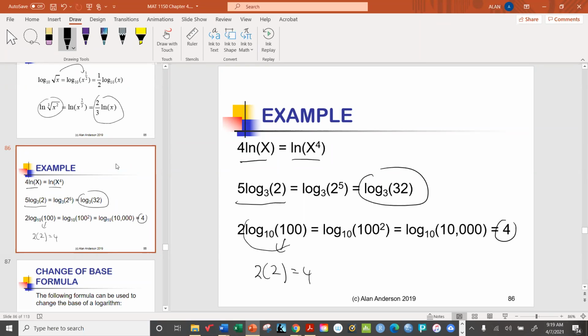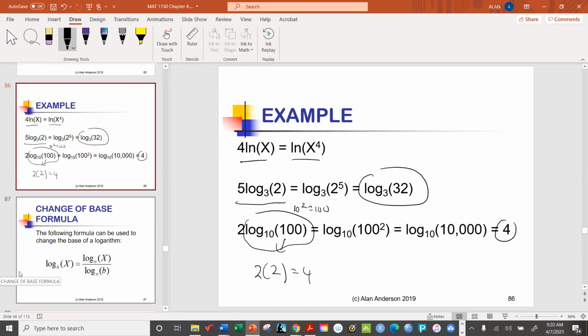This piece by itself is 2 because 10 squared is 100.